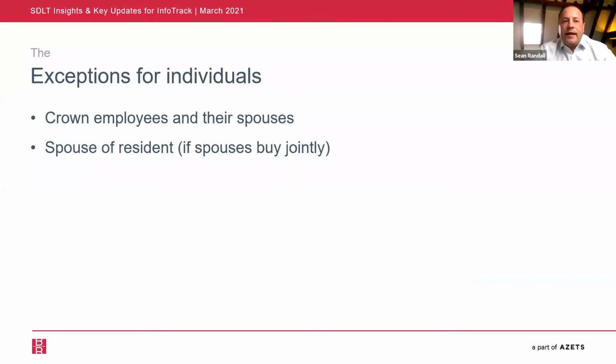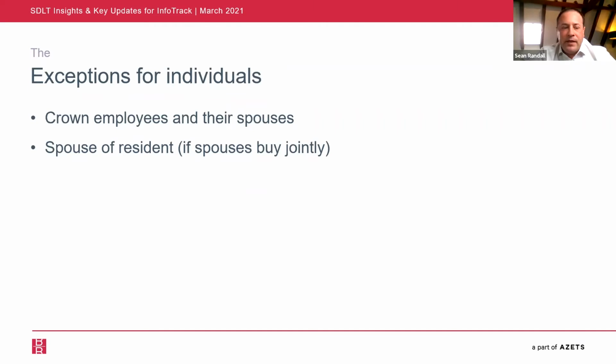So exceptions, very few, really only 2 for individuals. One applies to members of the armed forces and other types of Crown employees. So that might extend to civil servants, for example, who are resident offshore due to their work, and it extends to their spouses too.